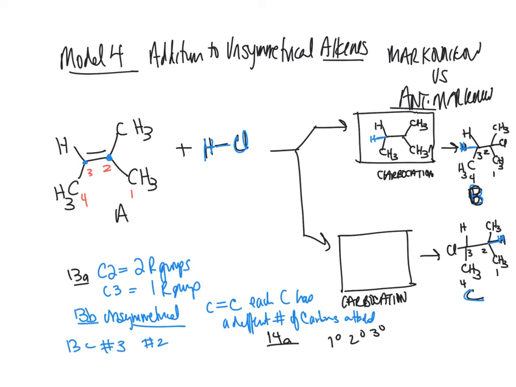That would make your carbocation on the 2. And that would be a tertiary carbocation. If we had this product here, and we have the hydrogen adding to carbon 2, then we would get the carbocation on carbon number 3, and that would be a secondary carbocation.